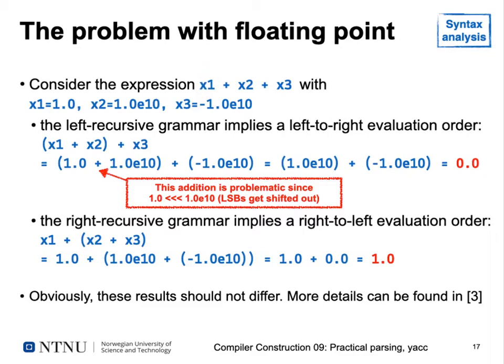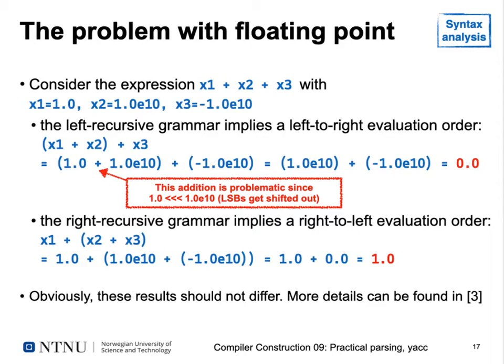Well, not quite in this case, because the first thing we do is add 1 to 1 times 10 to the 10th power. And this addition is problematic in floating point numbers, because we only have a certain number of bits available for storing our floating point number, for example, 32 or 64 bits. This means that we lose precision at the end where the least significant bits are stored.